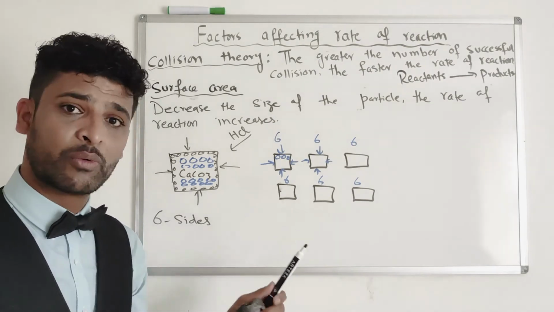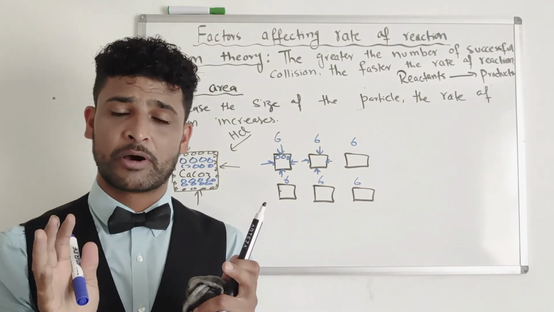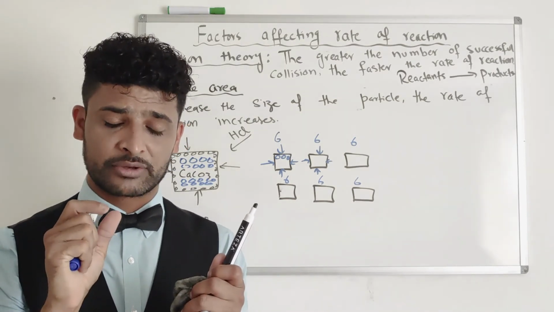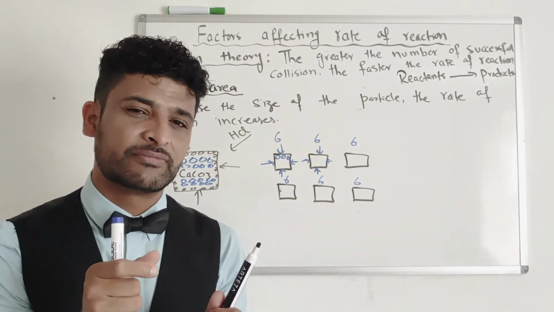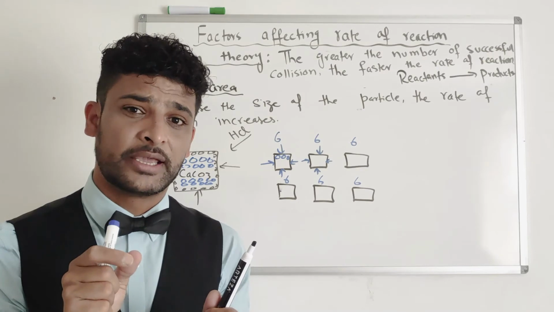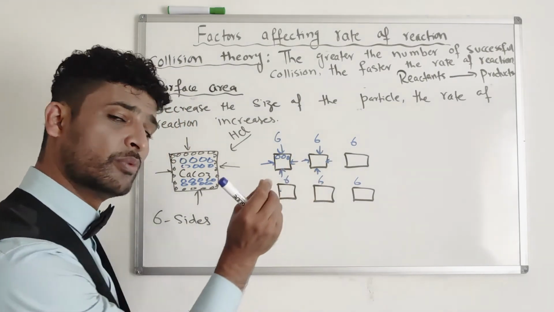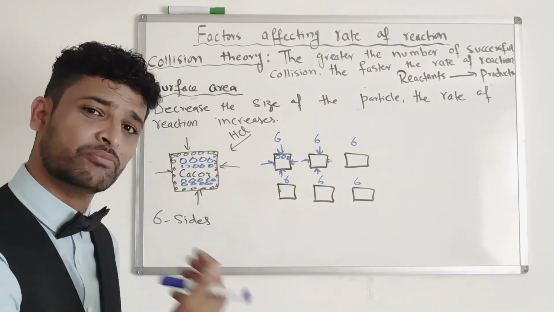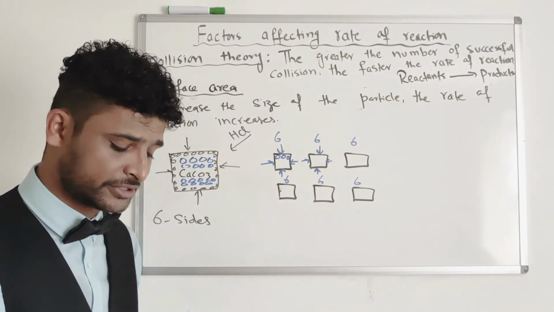That is why I always insist: if you are doing a chemical reaction with a big marble chip, the rate of reaction will be slower. But if you are doing a reaction with powdered marble, it will be higher, because you have converted them into small pieces, and now they will react more quickly because more particles are available for the chemical reaction.